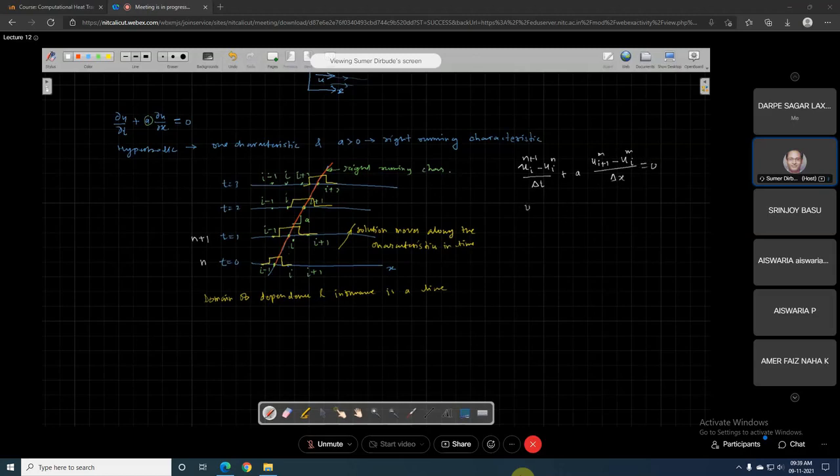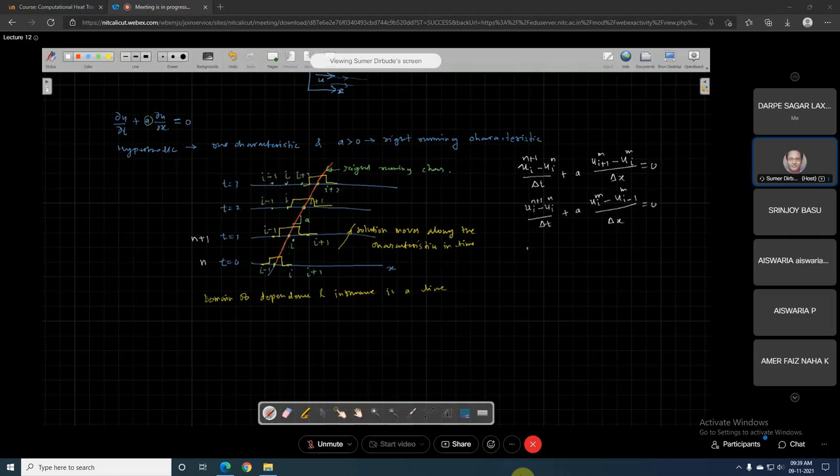I can also write these things with the same discretization for time, plus a times u at I minus u at I minus 1, divided by delta x, equals 0.